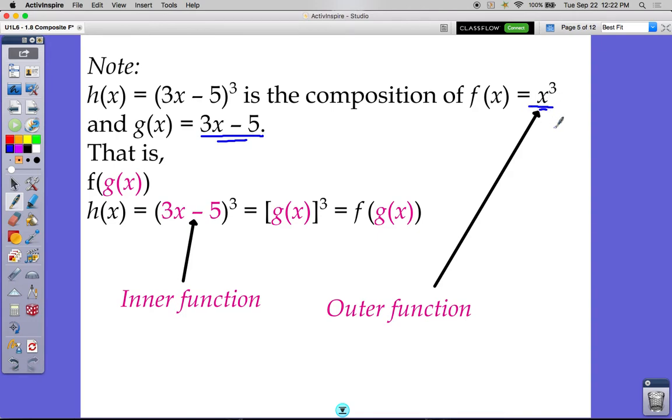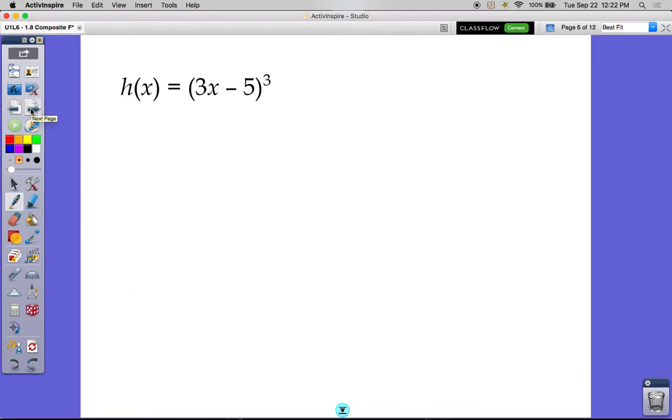We can split those as the inside function and the outside function, based on those compositions. Bottom line is, when you create a composition of a function like this one, you notice that 3x minus 5, all of that goes into the x cubed, which means that the problem gets a little more involved.